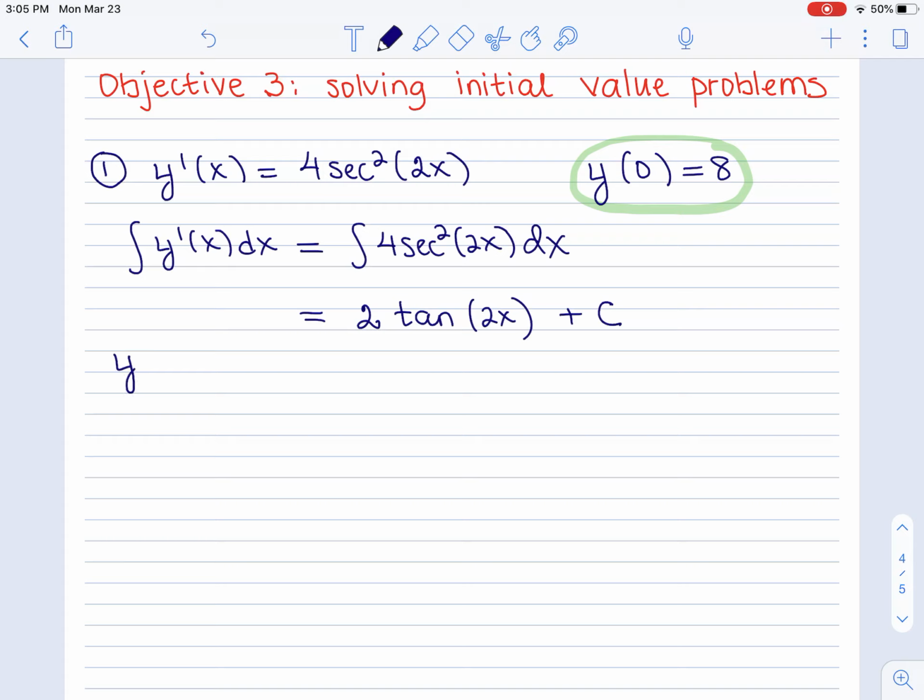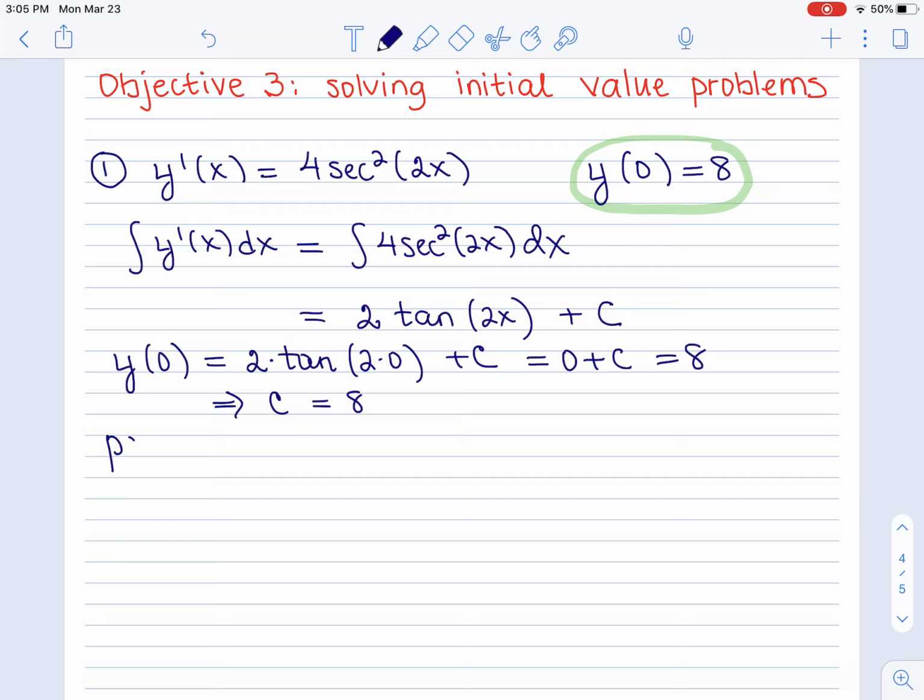So y of 0 is 2 times tangent of 2 times 0, plus c, and tangent of 0 is 0, so 0 plus c is equal to 8.